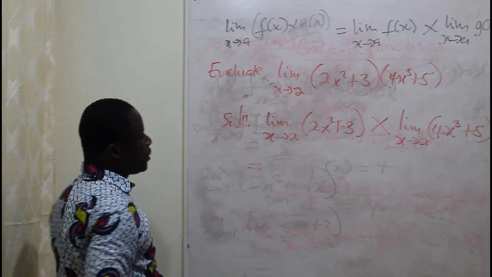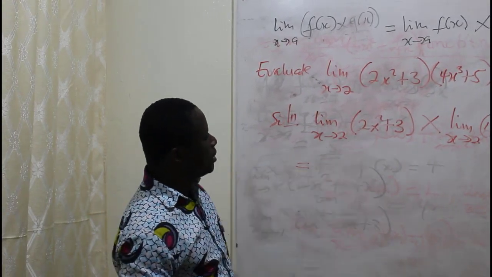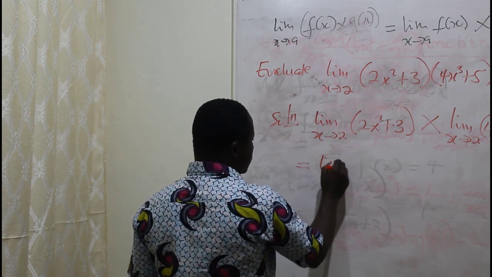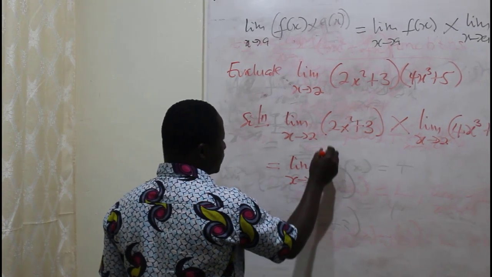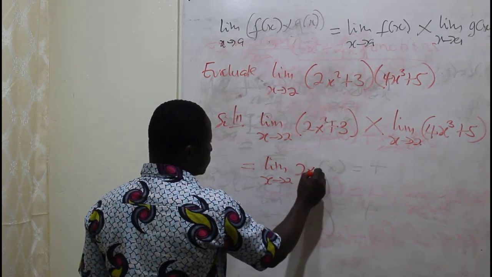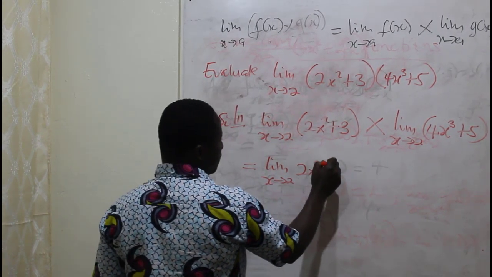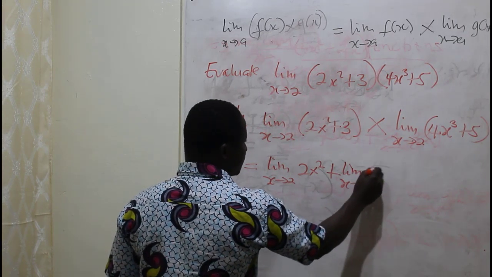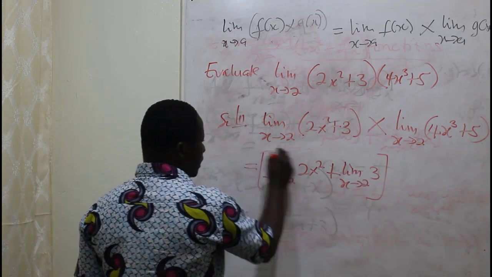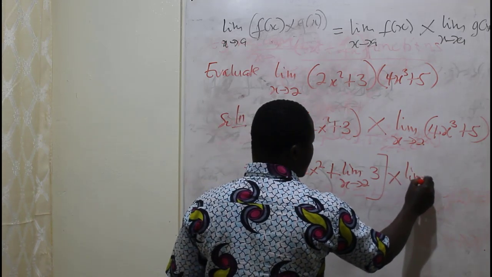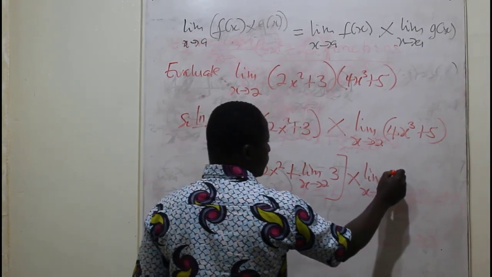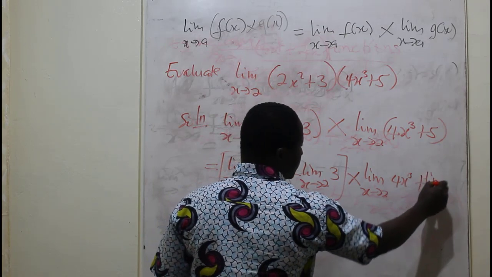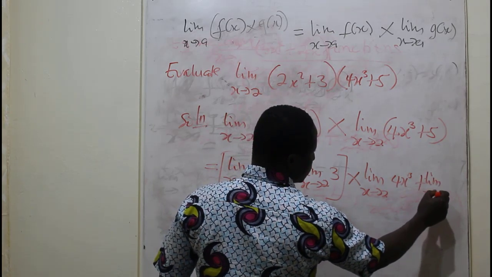And per the second theorem, we pick limits individually, term by term. So the limit as x approaches 2 of 2x squared plus the limit as x approaches 2 of 3. Then this result will be multiplied by the limit as x approaches 2 of 4x cubed plus the limit as x approaches 2 of 5.